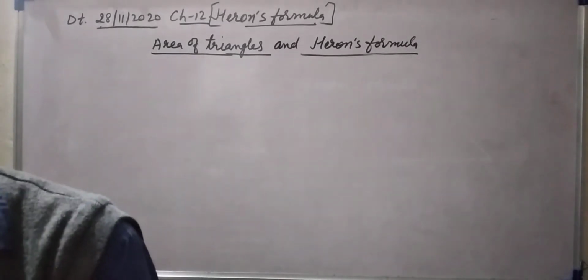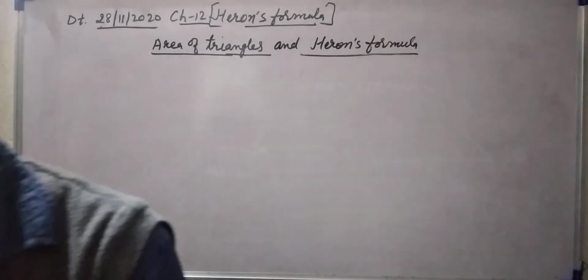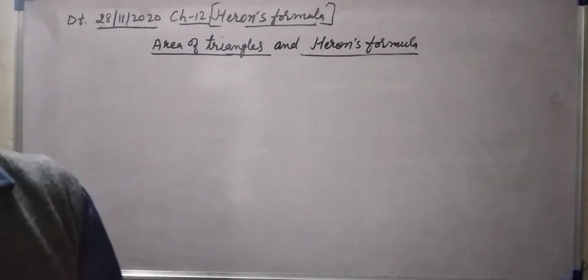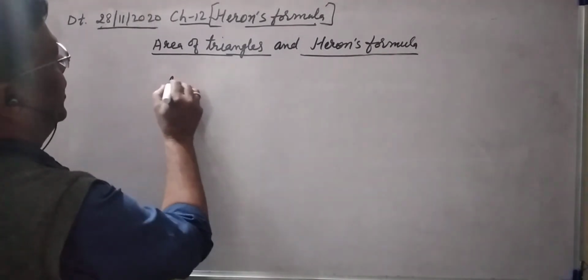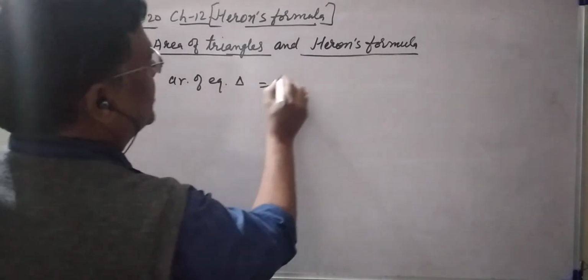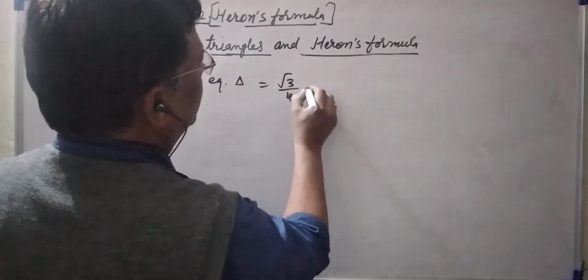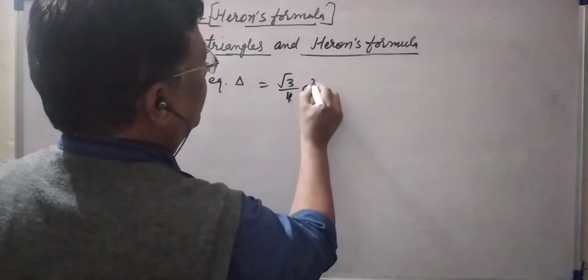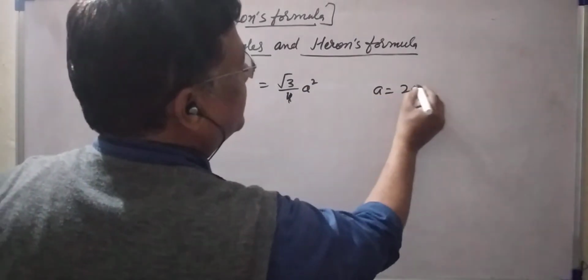So we find the area of an equilateral triangle whose side length is 20 meter. Area of an equilateral triangle is root 3 by 4 a square, where a is given as 20 meter.